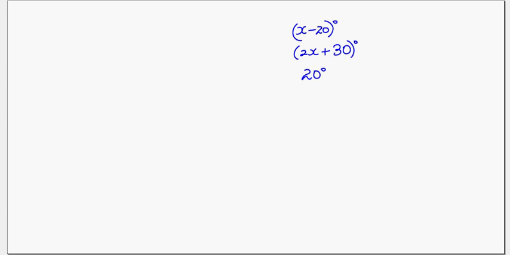Right. That's probably the first rule we learn in trigonometry or geometry: the angles inside of a triangle, when you add them up together, are equal to 180 degrees. Okay?